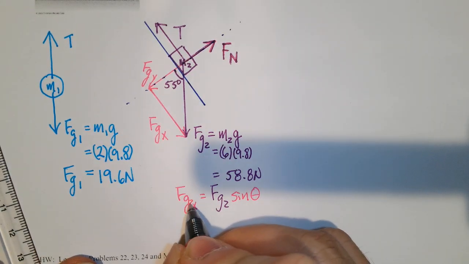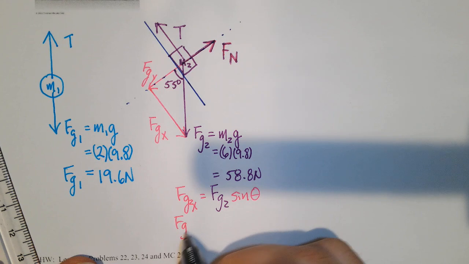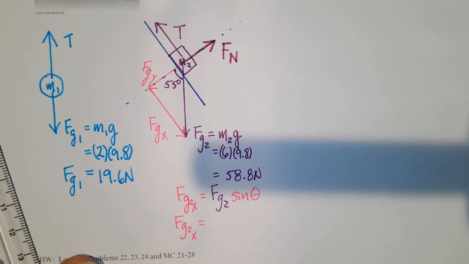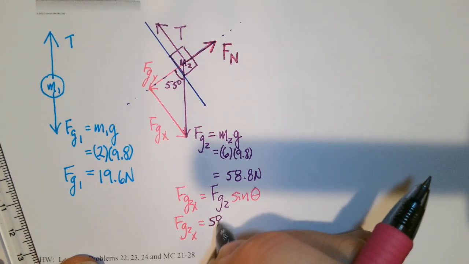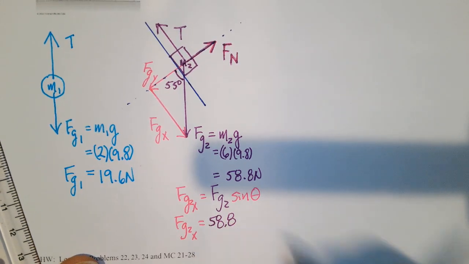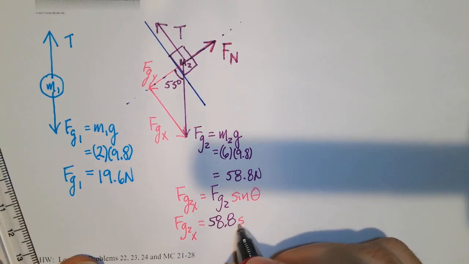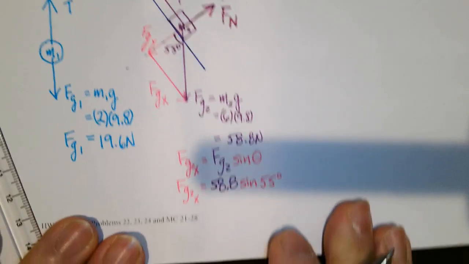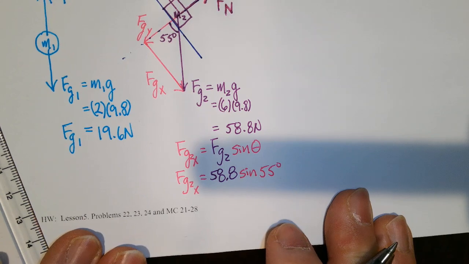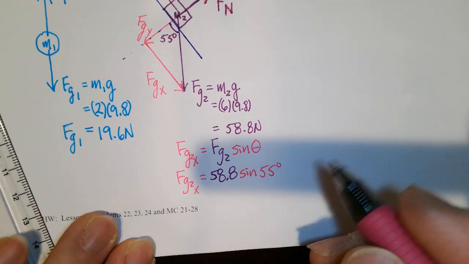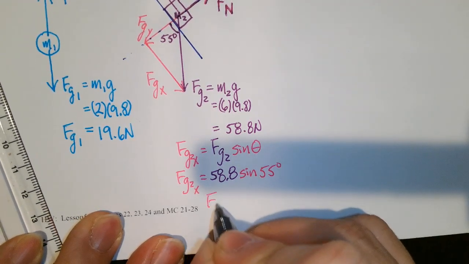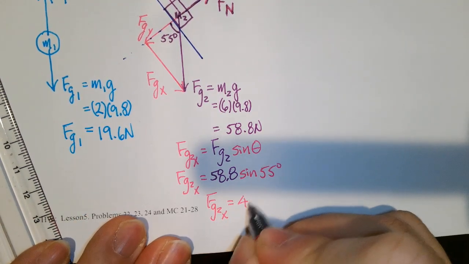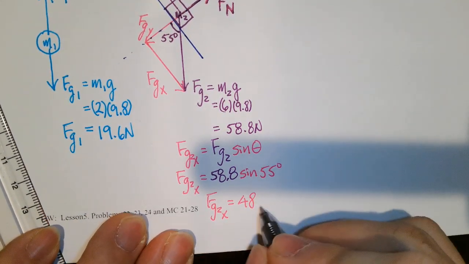So FG2x is equal to 58.8 times sine of 55, right? And if you work it out, your FG2x is equal to 48.2 newtons.